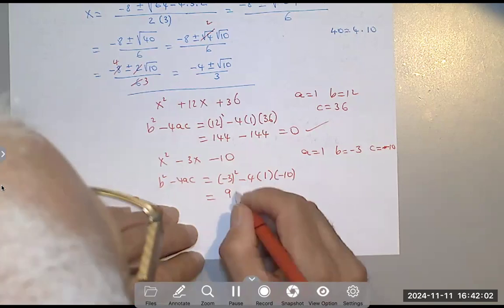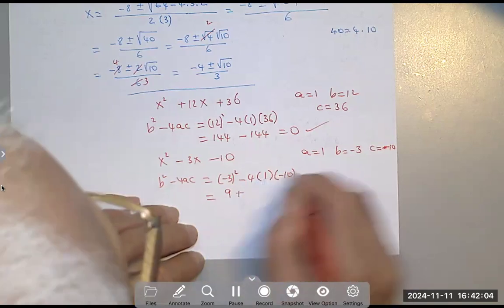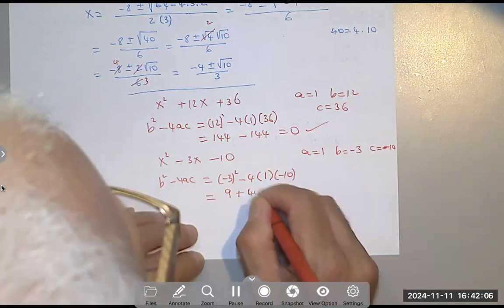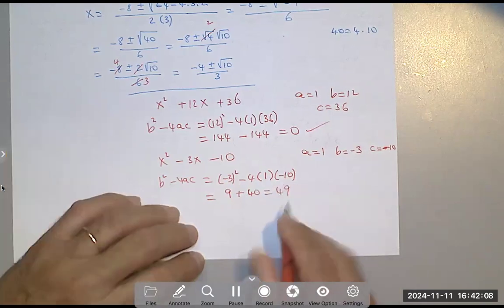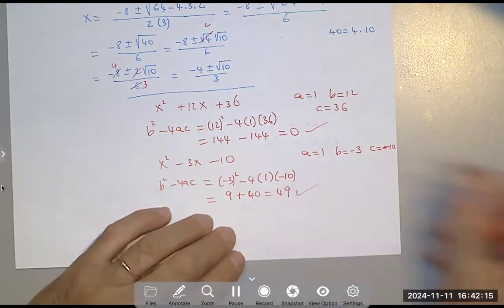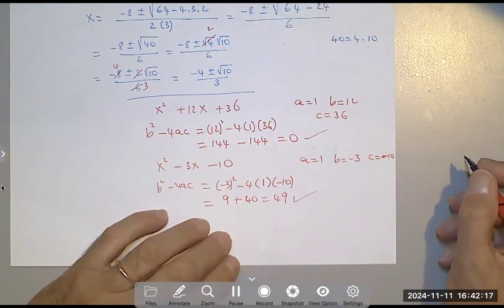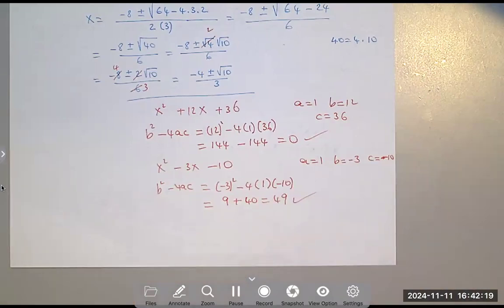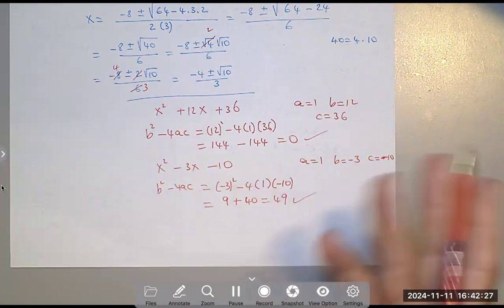Negative times negative is positive, and 4 times 10 is 40. So I get 49. I know that 49 is 7 squared, so I can use the factoring method. So that's a quick check you can do in the beginning to know which method to use. Okay, can I factor it, or is it not factorable, so to speak, from the point of view of simple algebra?